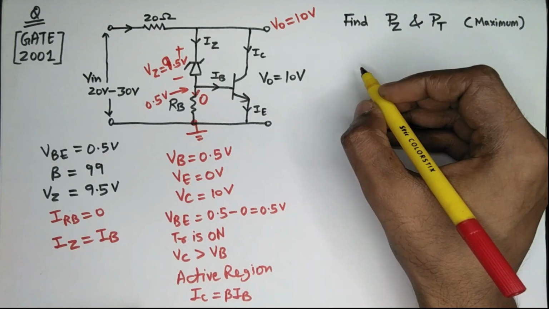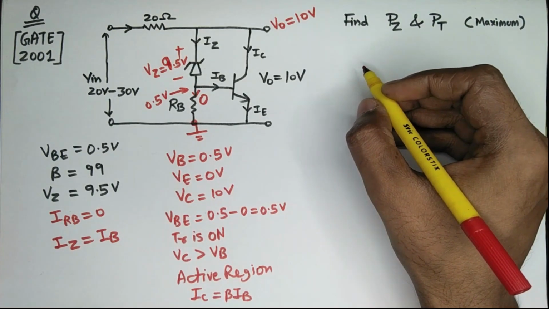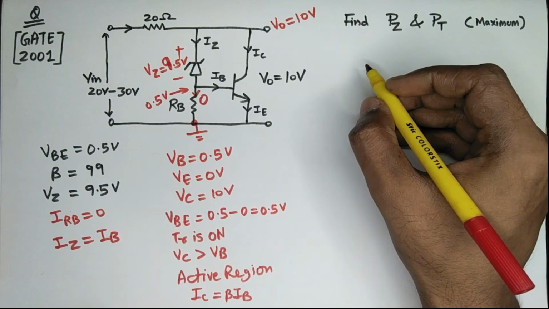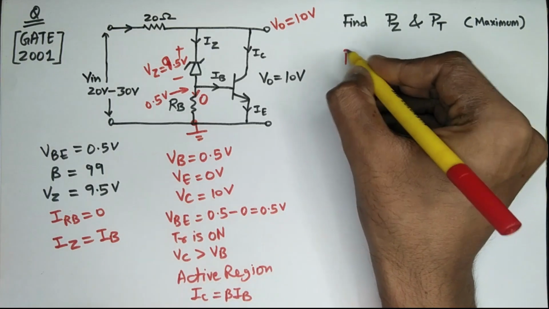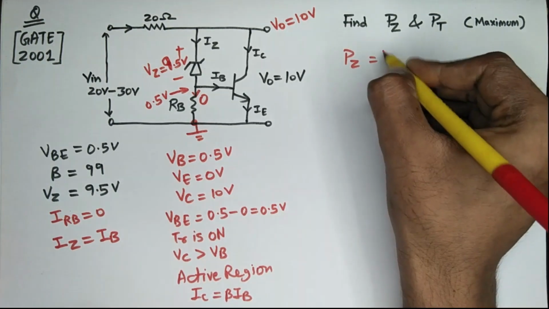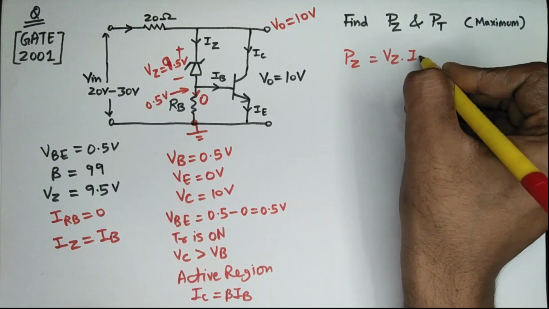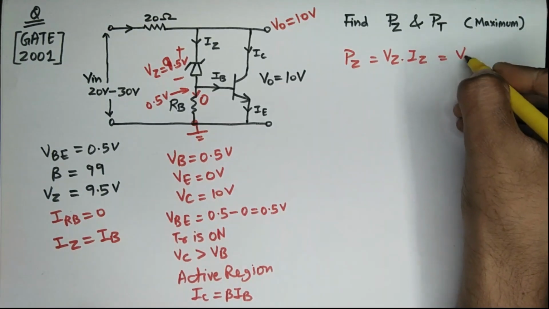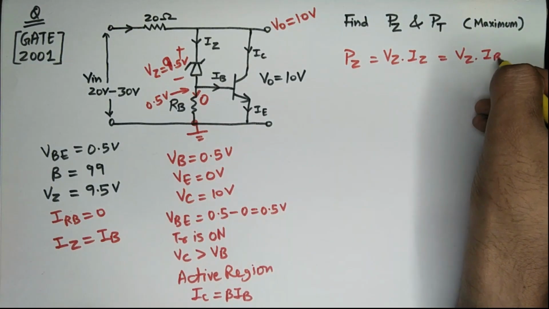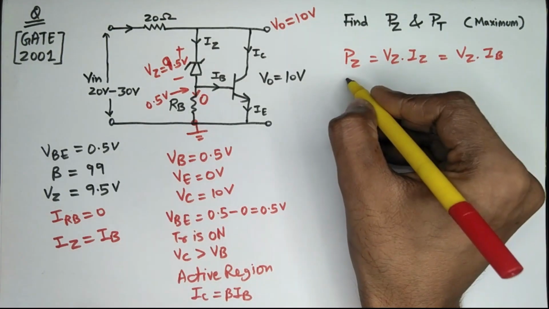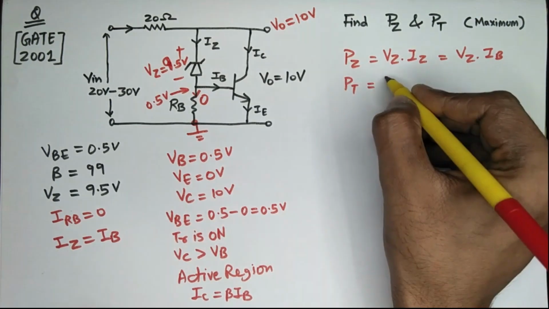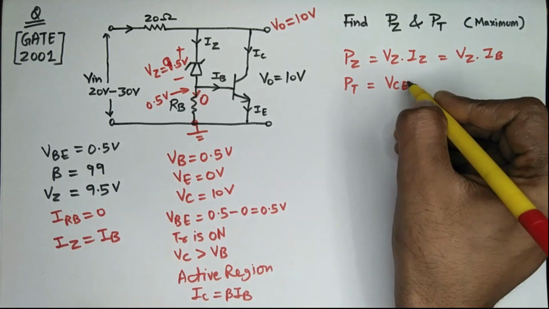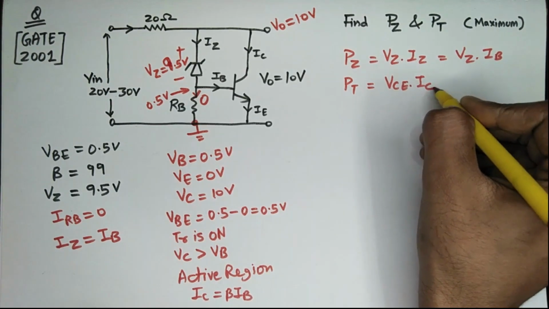Now we have to find the maximum power dissipation which the Zener diode and transistor dissipate. PZ is equal to VZ times IZ, where IZ is equal to IB, and PT is equal to VCE times IC.